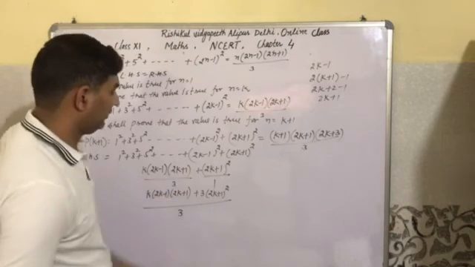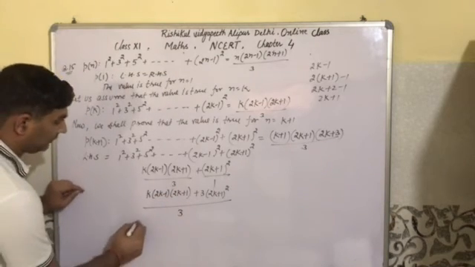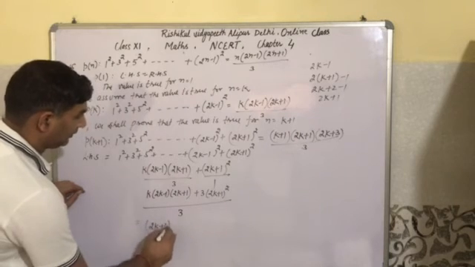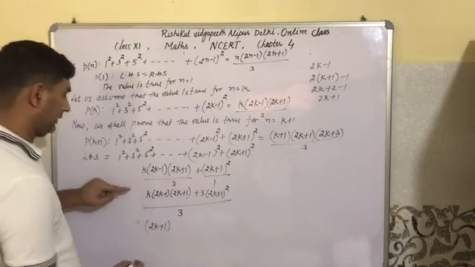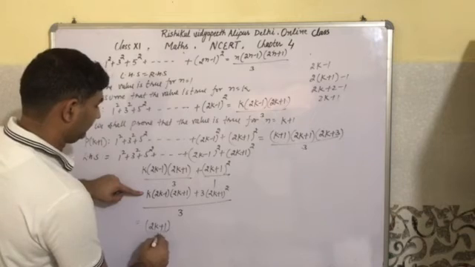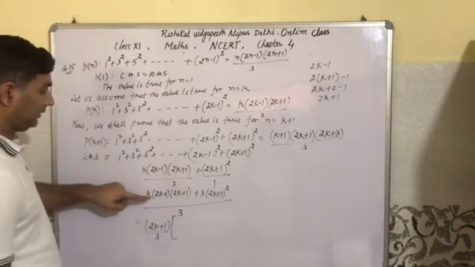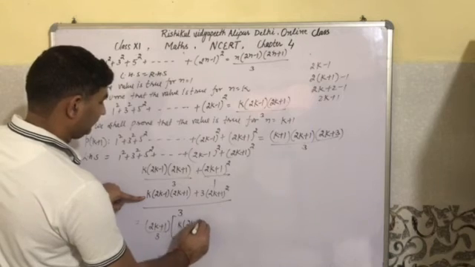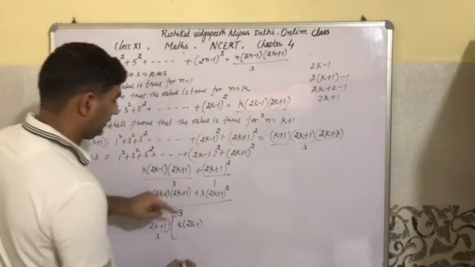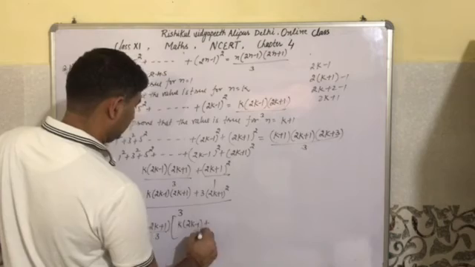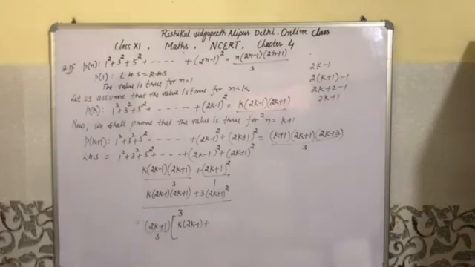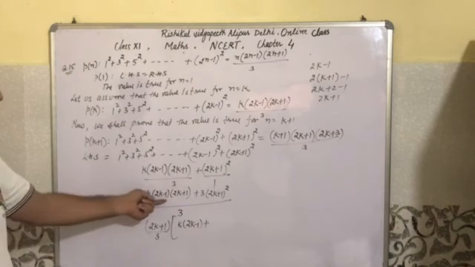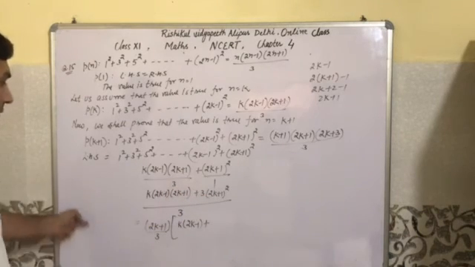This complete term 2k plus 1 is the common term, and then upon 3, you can take this out too. Then k into 2k minus 1, and this term is plus, and from this complete term you take out 3. This 2k plus 1, you take out one 2k plus 1.